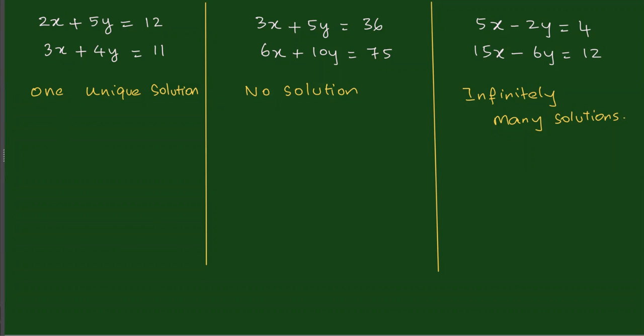So if I multiply by 2, 6x plus 10y, but on the right hand side I'm not getting what I'm supposed to get, 72. I mean, if it is the same equation, I'm getting a different one. But here, if I'm multiplying the first equation by 3, I'm getting 15x, 6y, 12.